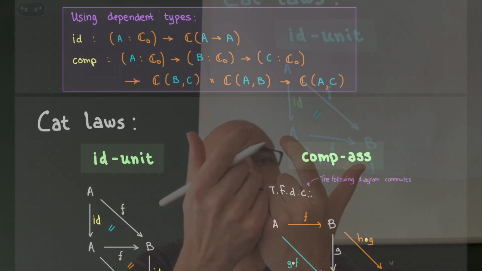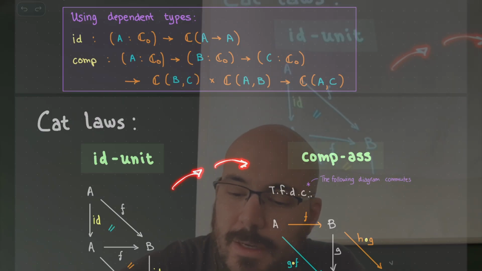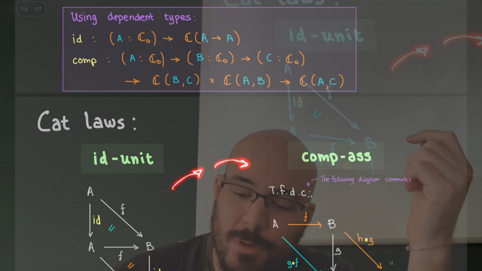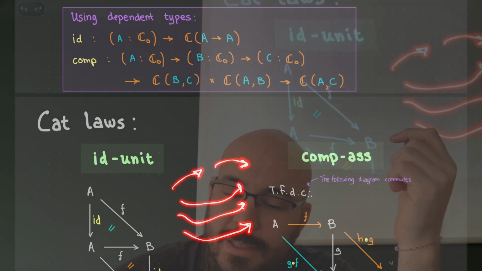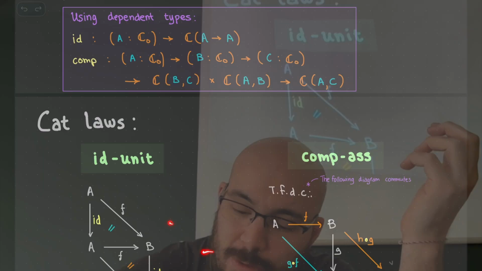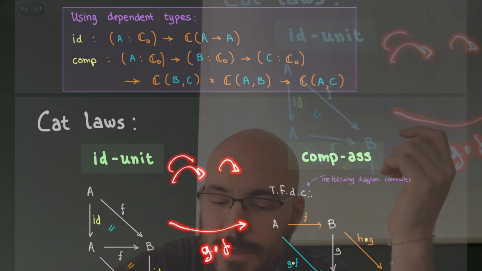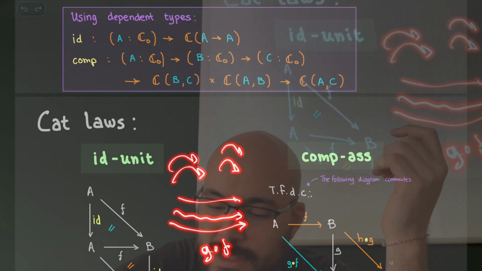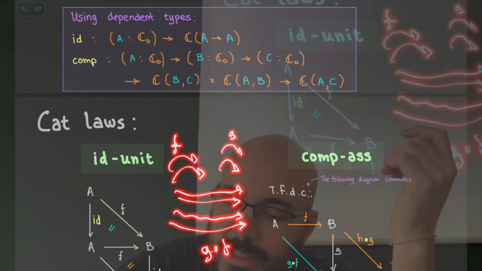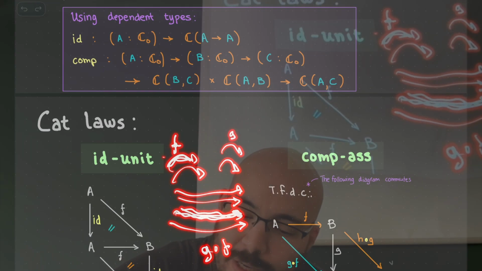And as soon as I have a diagram that looks like two consecutive arrows, f and g, the category is required to tell me which of all the possible arrows from here to here is designated as the composition of g after f. You may have many possible answers here, but the category will say it's this one that is the composition if you compose f and g.